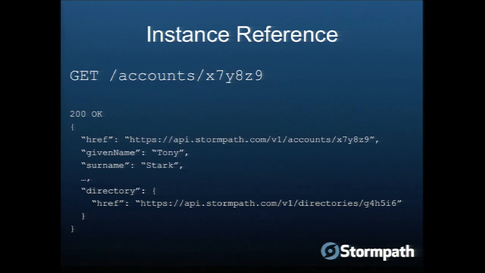The property name itself is the relation. So it's implied that for a directory, if it's a single property that is itself a complex object, and that object has a single href property, then you know where to go to get that actual data representation.